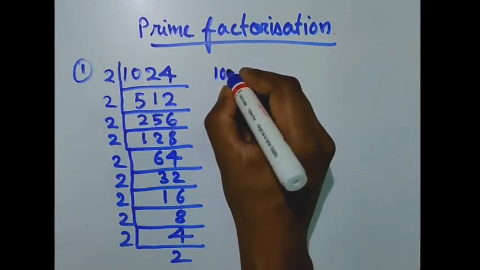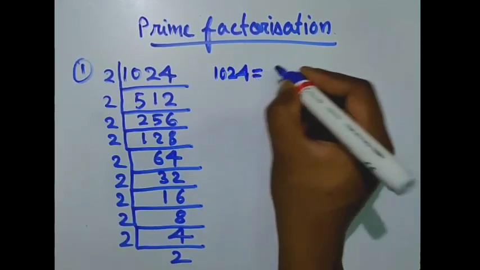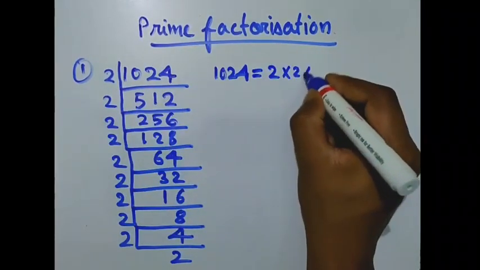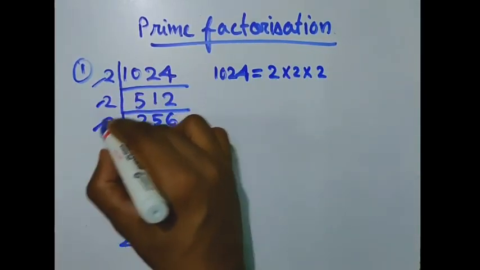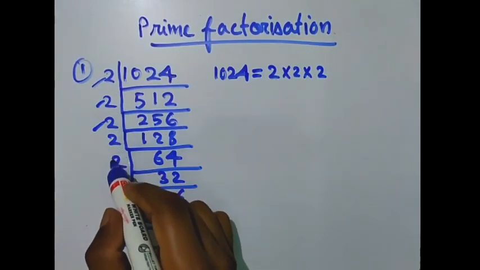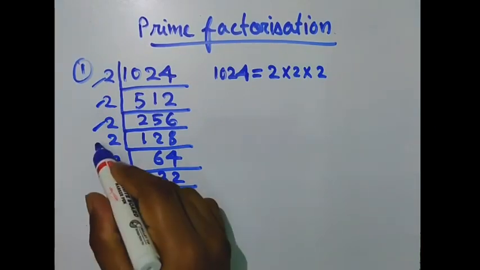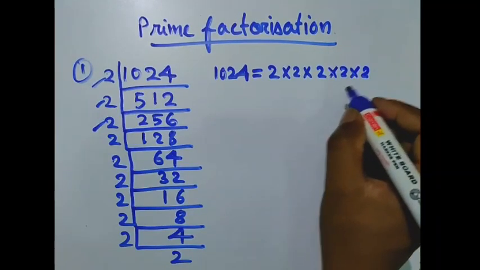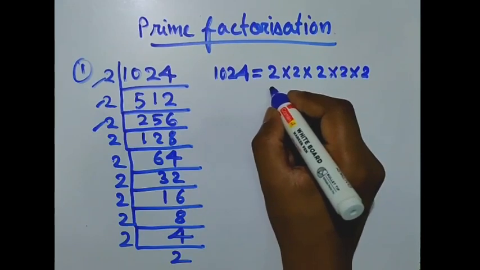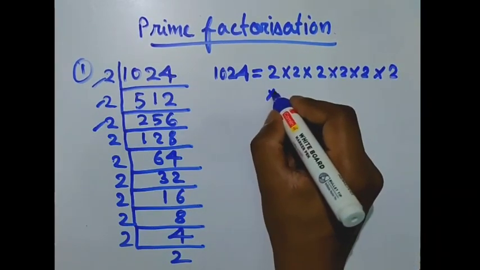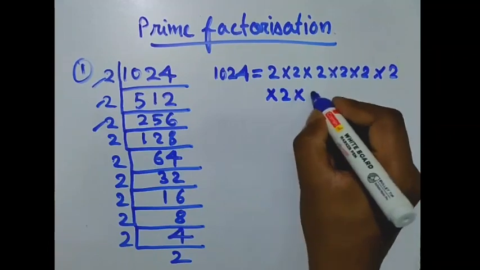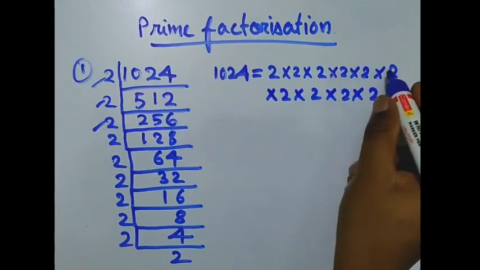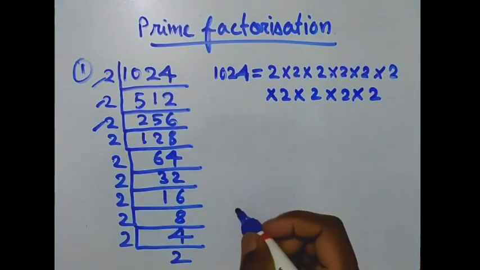So 1024 will be equal to 2 times 2 times 2 times 2 times 2 times 2 times 2 times 2 times 2 times 2. How many 2s are there? 1 2 3 4 5 6 7 8 9 10. Okay, all the prime factors we have written.